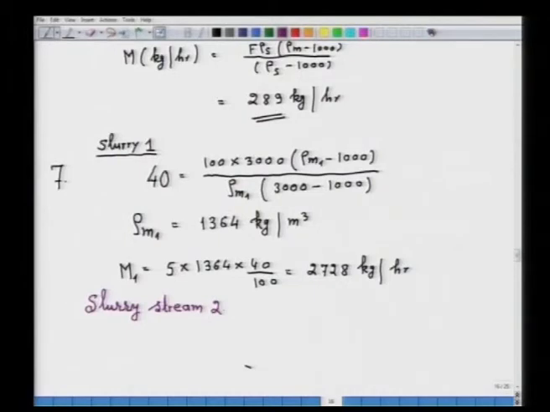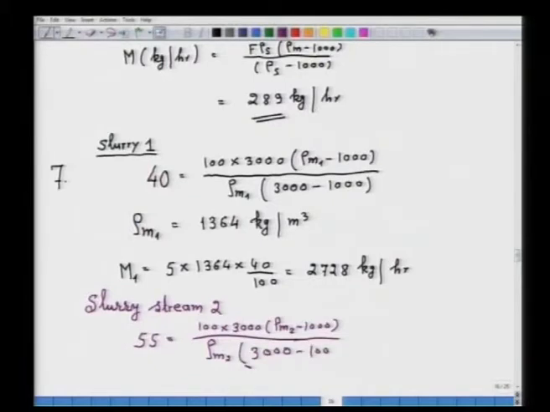So, again I calculate the density of slurry 2. I will be calculating with 55% solid, that is given: 55 is equal to 100 into 3000 into rho m 2 minus 1000, upon rho m 2 into 3000 minus 1000.